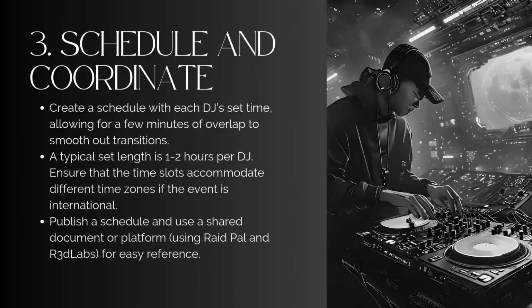Now what that means is, say for instance that I'm going to be DJing at 2 p.m. and the DJ before me is scheduled for 12 noon. So that DJ is going to play at his or her scheduled time, all the way to 2.